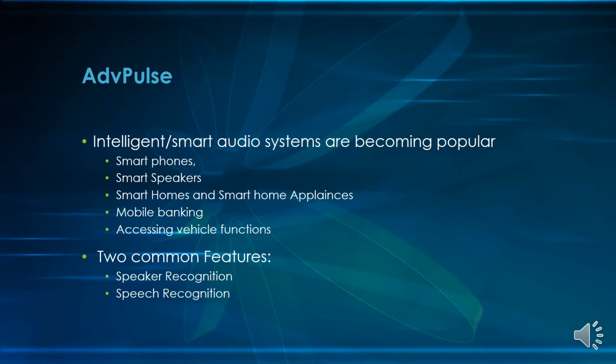Intelligent or smart audio systems are becoming popular. We are using different smart applications and devices in our daily life. For instance, people talk to their smartphone or smart speakers to set up an alarm, inquire about personal schedules, and control smart home appliances.